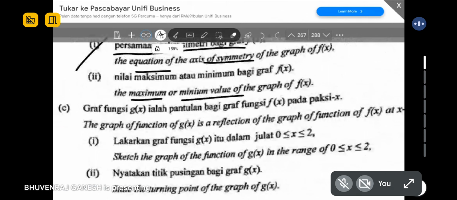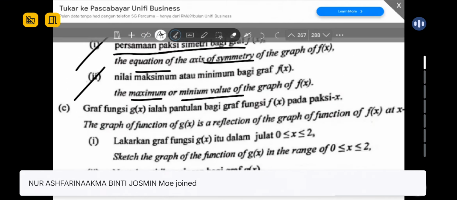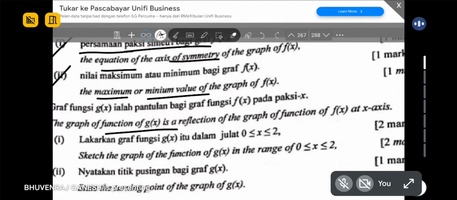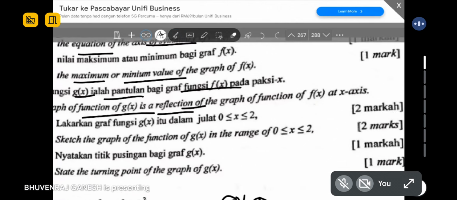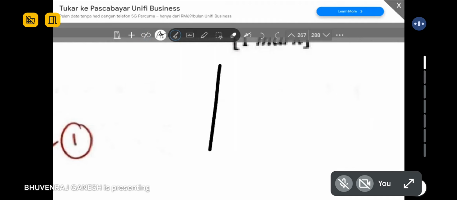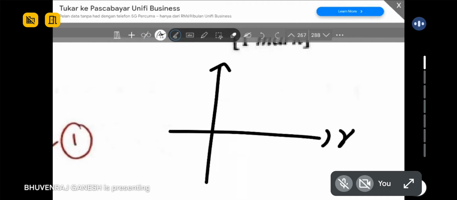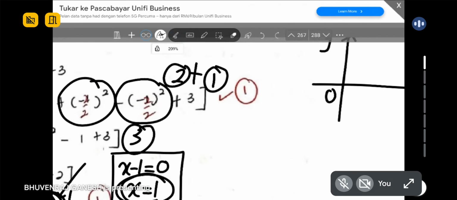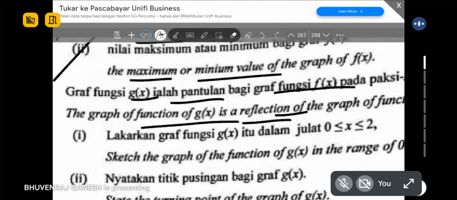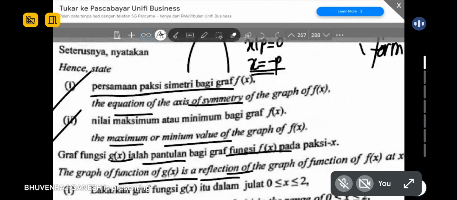Okay, next one. So now come to part C. They tell you Gx is a reflection. Gx adalah pantulan fx. So you guys need to imagine reflection. So this is your x, this is y, this is 0. For fx, how does the graph look like?